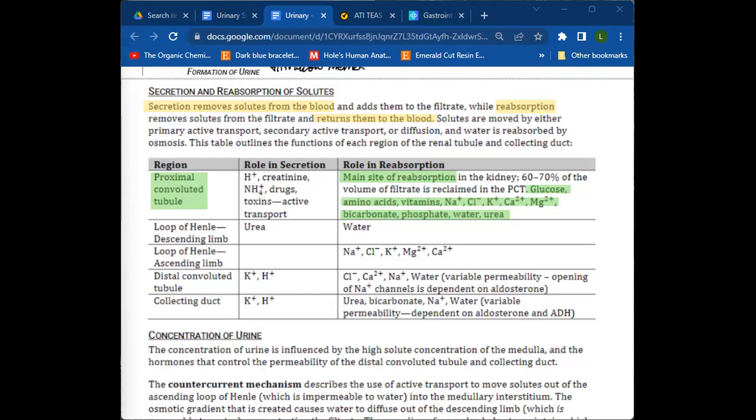And then the proximal convoluted tubule will put some things into the urine, like hydrogen, creatinine, ammonium, drugs, and toxins.